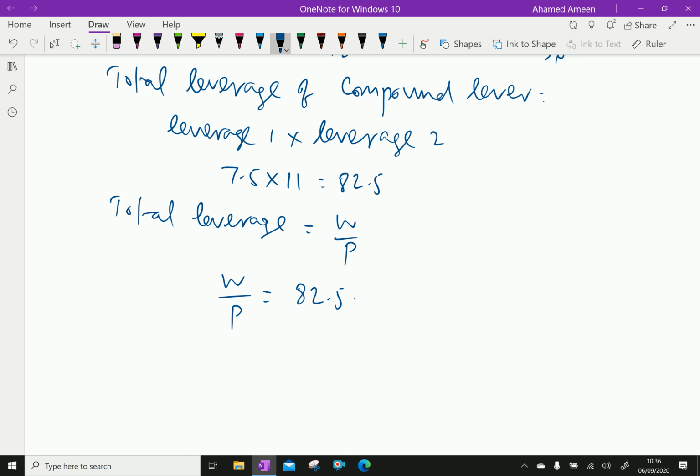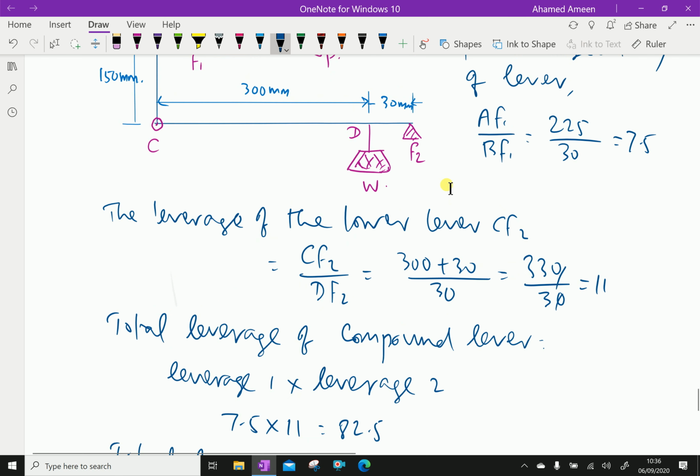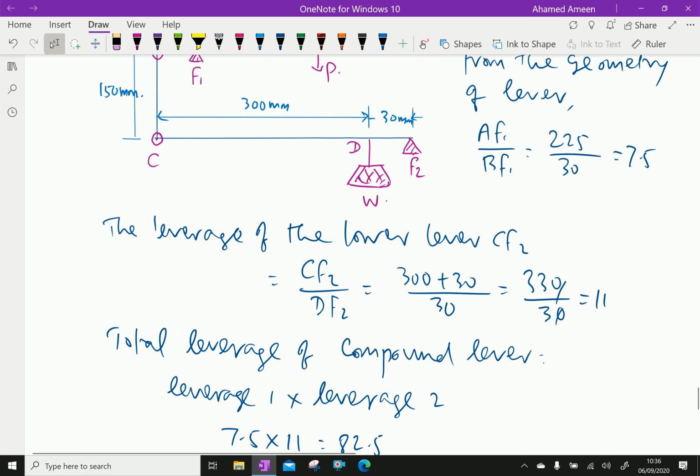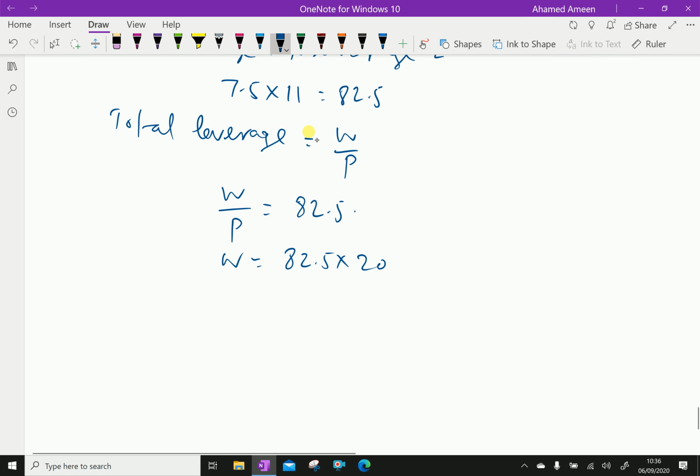Now W equals 82.5 into P, the effort is 200 Newton, which is equal to 16,500 Newton, which you can say is 16.5 kilonewton.